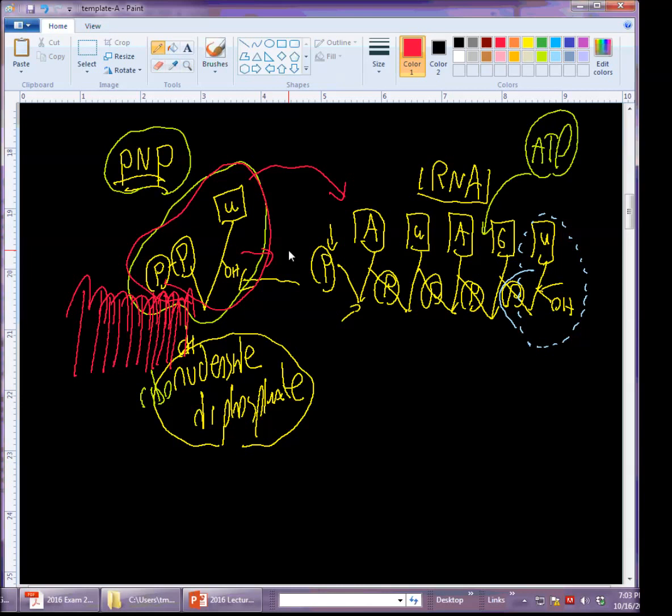Which is probably good, because if it did, it would be making random RNAs, which could be translated into proteins, which could be bad for the cell because the proteins would be meaningless and perhaps toxic. But anyways, the reason it does not synthesize RNA in the cell is because these ribonucleoside diphosphates are not found at high enough concentrations in the cell.